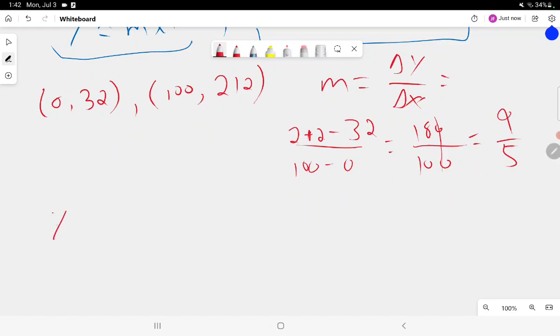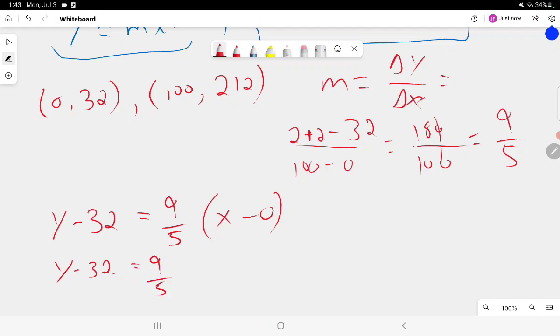So y minus 32 is equal to the m, which is 9/5, times x minus 0. Obviously, that gives us y minus 32 equal to 9/5 x.